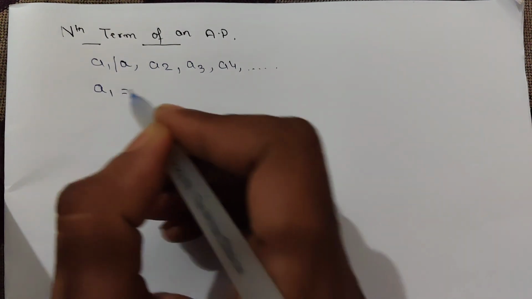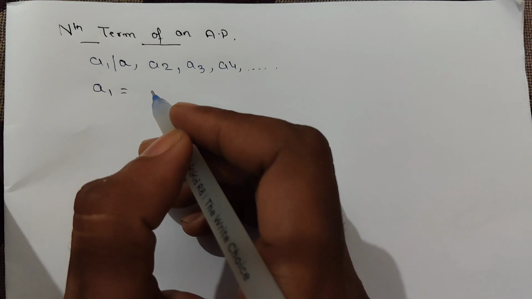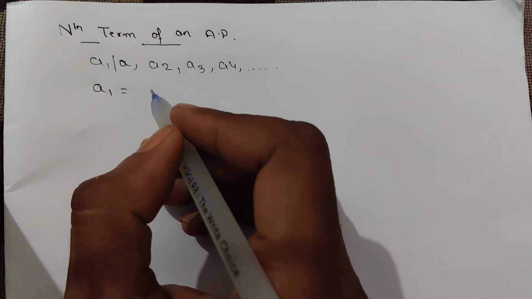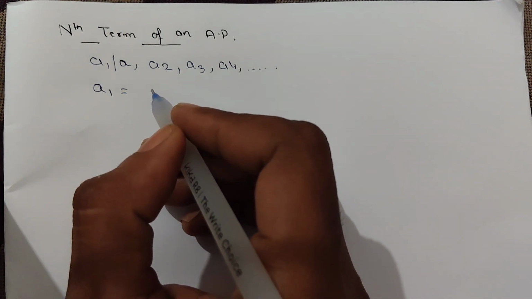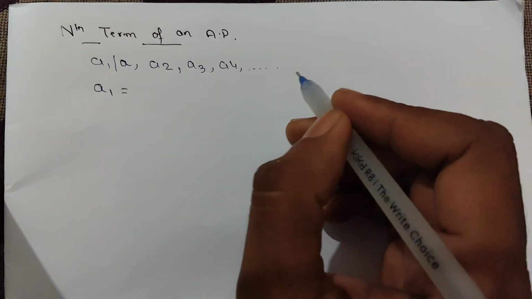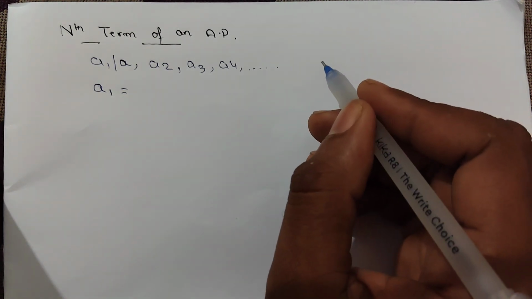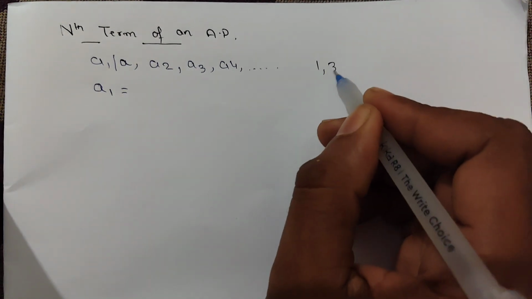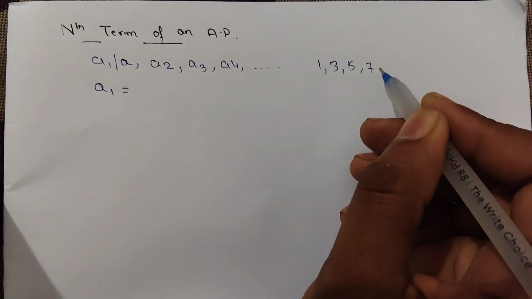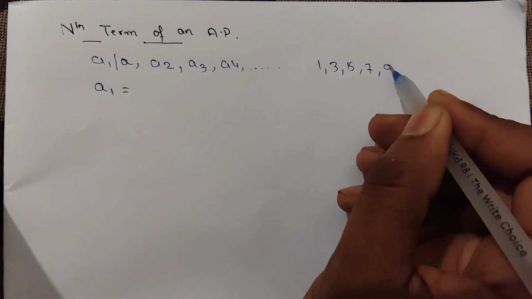A1, what is the process? A1 means the very first term. For example, 1 is there, 3 is there, 5 is there, 7 is there, and 9 is there.